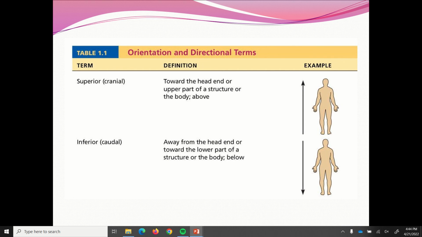Superior means that the clinician is referring to something towards the head or upper part of a structure above. Inferior refers to something that is away from the head end or toward the lower part of a structure or below.